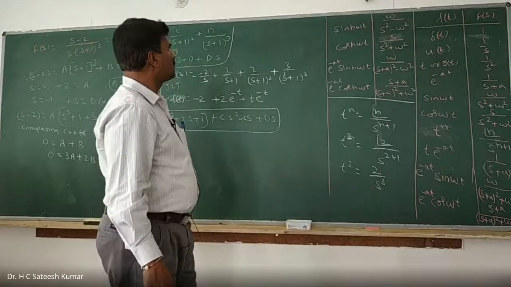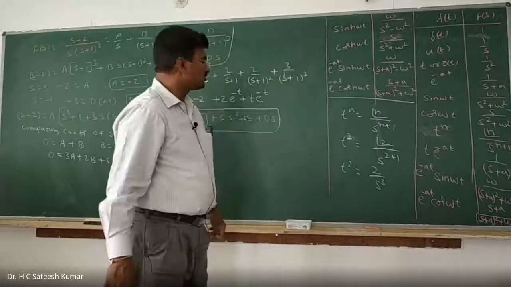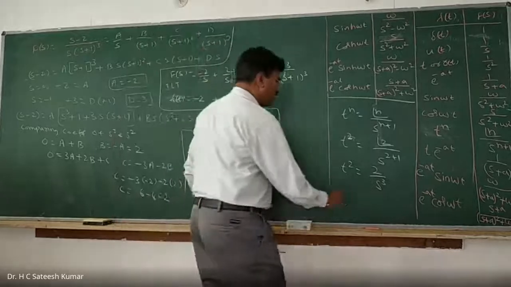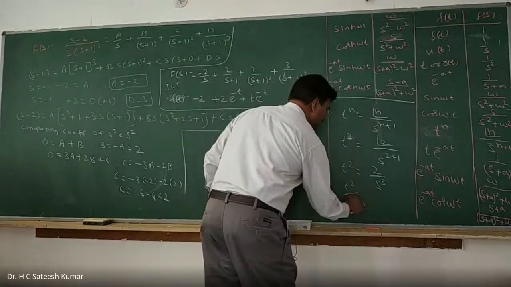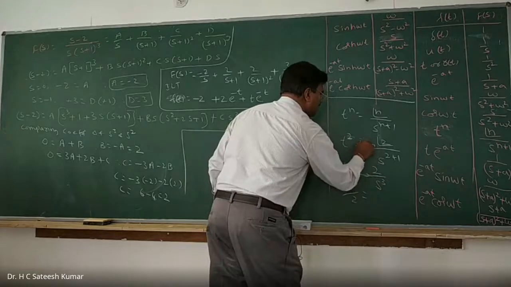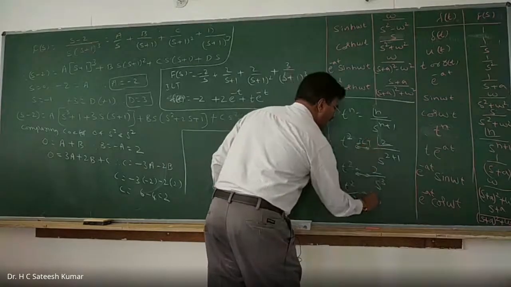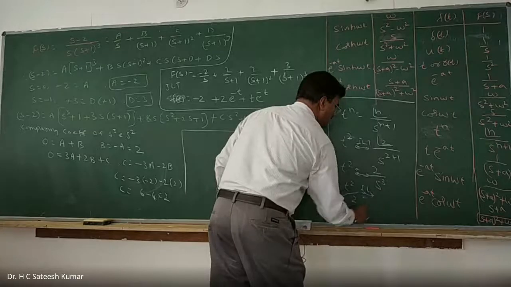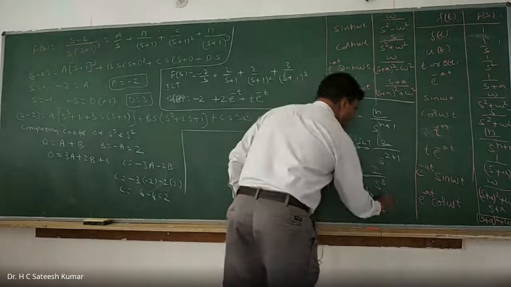Now, what do you want? 1 by S cube you want. So therefore, t square by 2 is the inverse Laplace transformation of 1 by S cube.